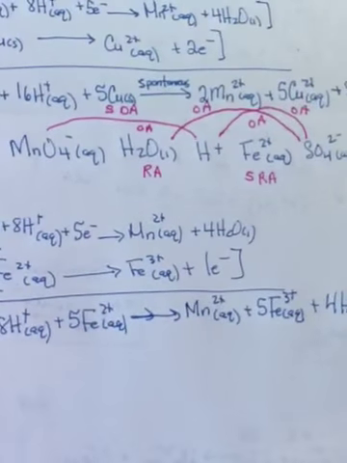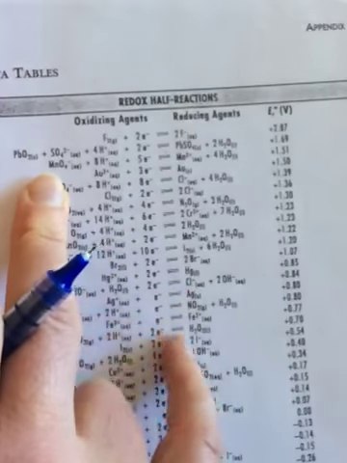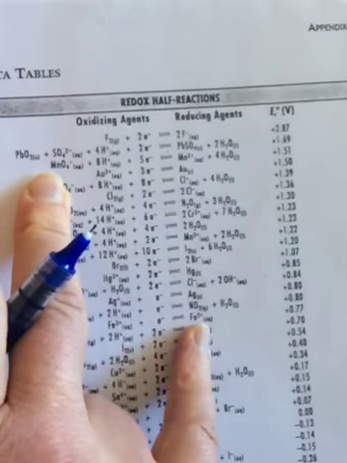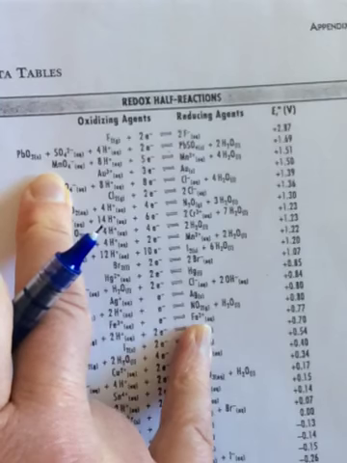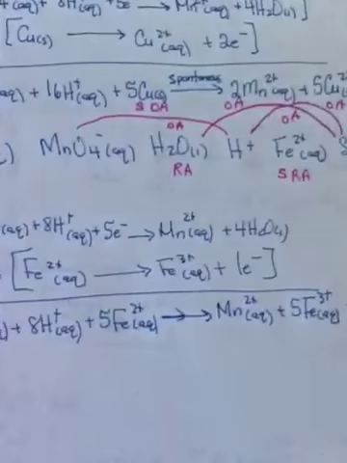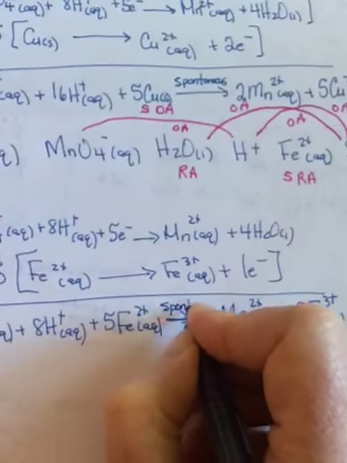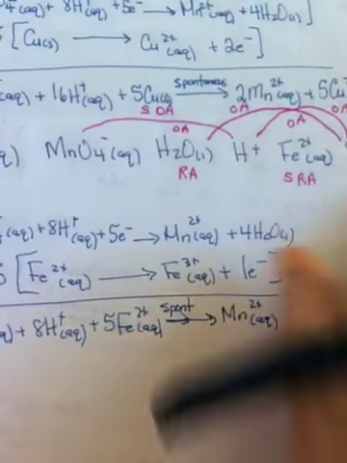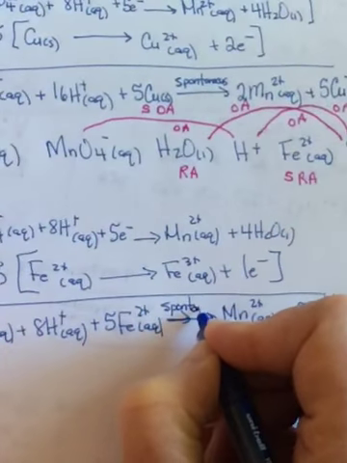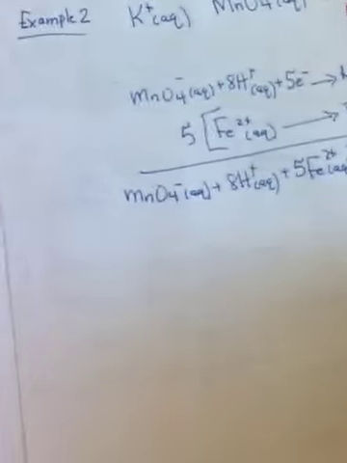Okay, and then the last step, go to your chart, put one finger on the MnO4, the oxidizing agent, one on the Fe2 positive, the reducing agent. Oxidizing is above reducing. This is spontaneous. So don't get lulled into a false sense, though. They're not going to all be spontaneous just because the first two we did were.